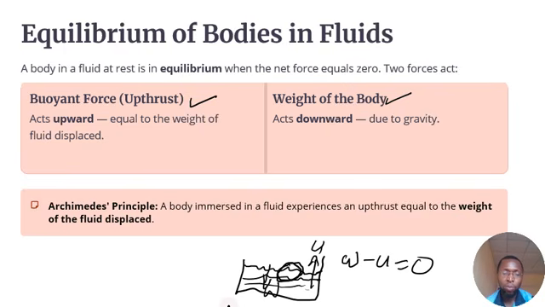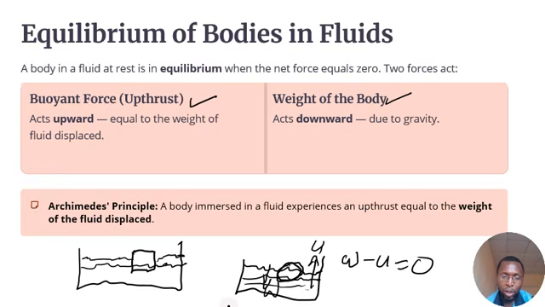That principle states that if you have a container like this, and you have a liquid there, and you put a solid object inside this liquid, what you will observe is that the level of the liquid will go up like this. We call that rise in the level of liquid displaced liquid.